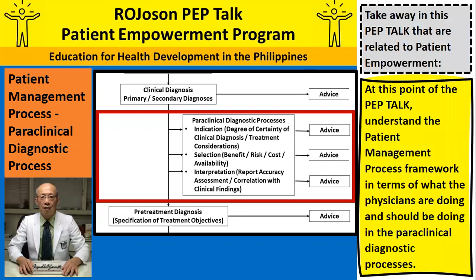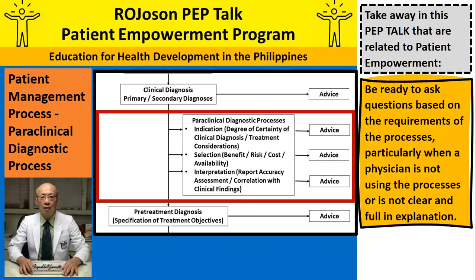Takeaways in this pep talk that are related to patient empowerment. Understand the patient management process framework in terms of what the physicians are doing and should be doing in the paraclinical diagnostic process.